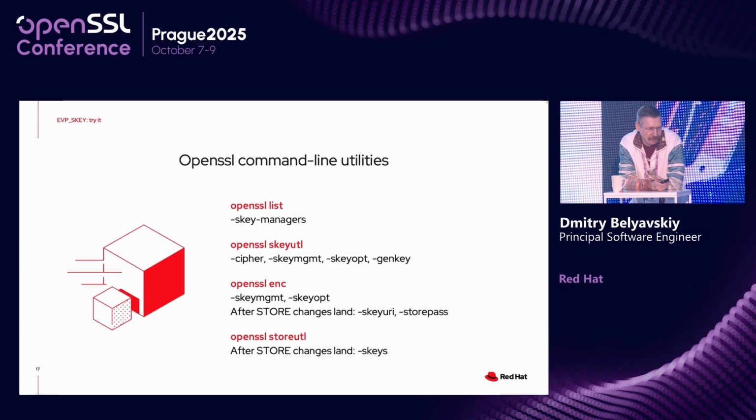It currently has very basic operations. You can provide the SK management, some options, and the only thing it can do is key generation. But now that we have landed the support of key derivation, I think it should be expanded.